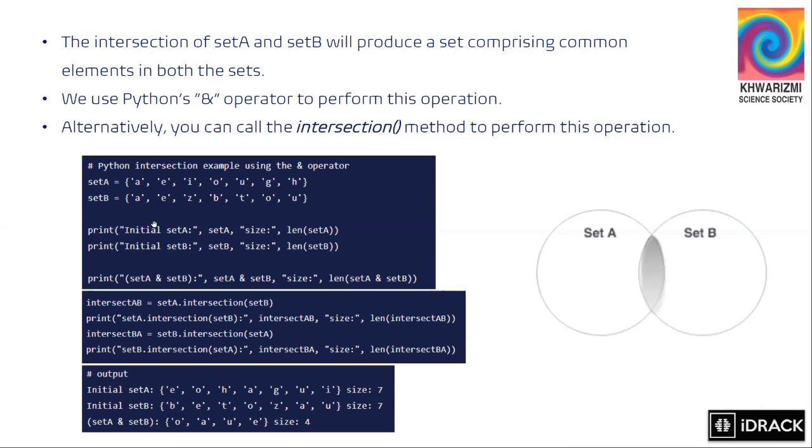So we're going to work with the same sets, and for intersection, we can either use the AND operator or the intersection method, and both are going to give you the same results. Here it shows you the usage of both.